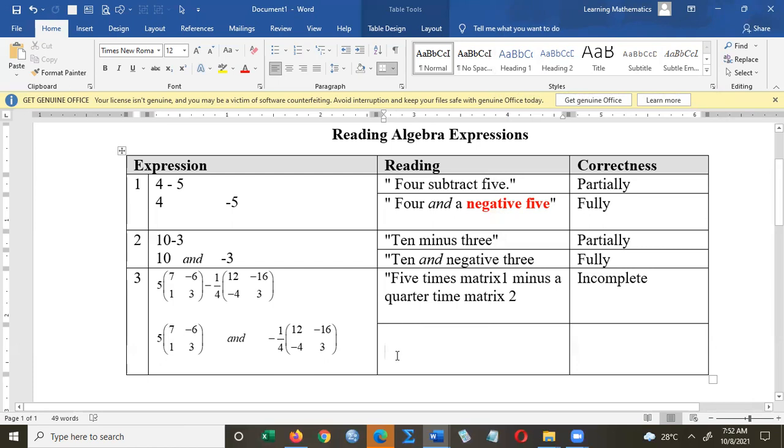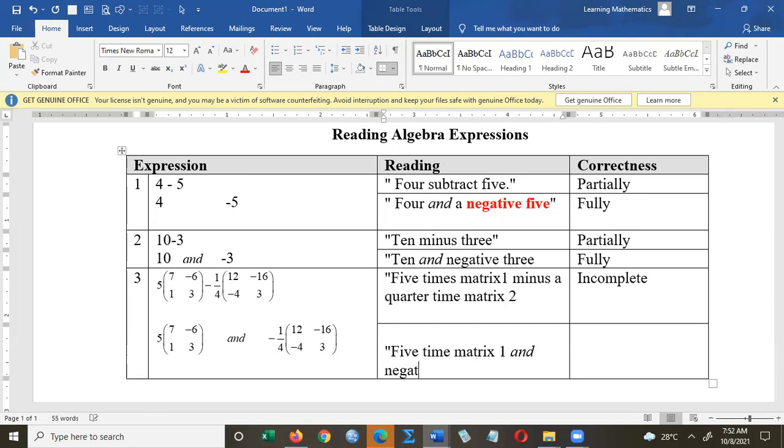So here we can say, for example, 5 times matrix 1 and negative a quarter, because the negative can be viewed as an adjective, negative a quarter, but it's also a verb too, because you can say take away.